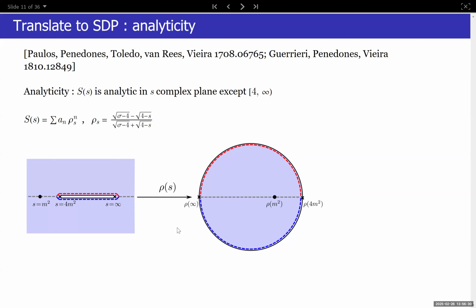One idea to improve this is, instead of using this ansatz, I can write rho minus some number divided by 1 over rho minus some number. That will parameterize correctly with the pole on the second sheet.